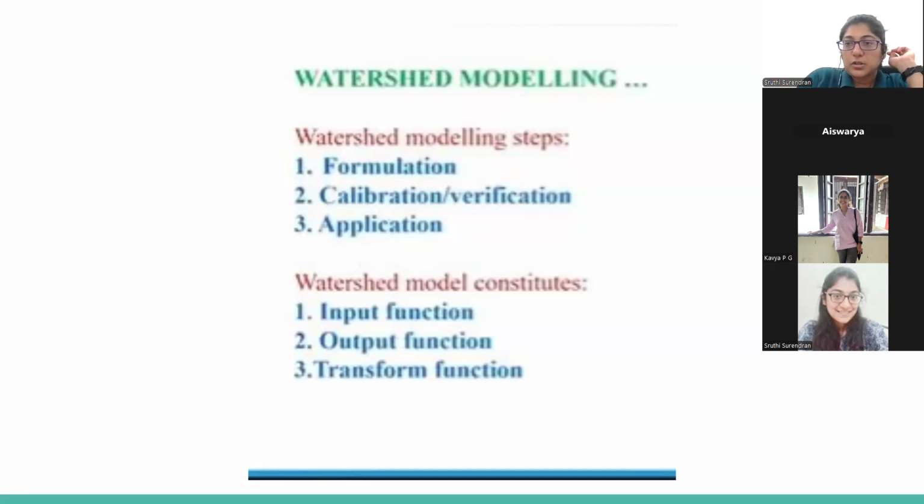Now, after this watershed model is developed, we have to see if it is accurately representing that watershed. Is it able to predict results which are the same as what is happening in the watershed? For that, there is a process called calibrating and validating the model.